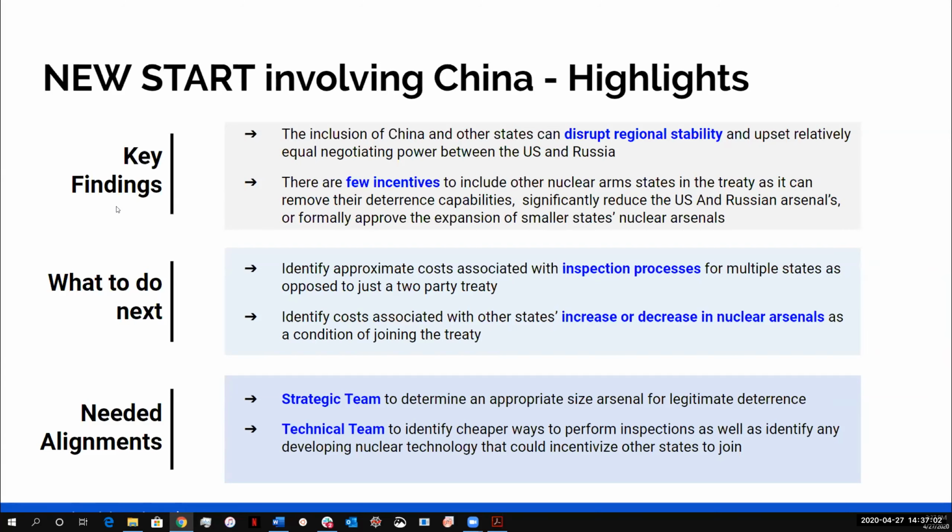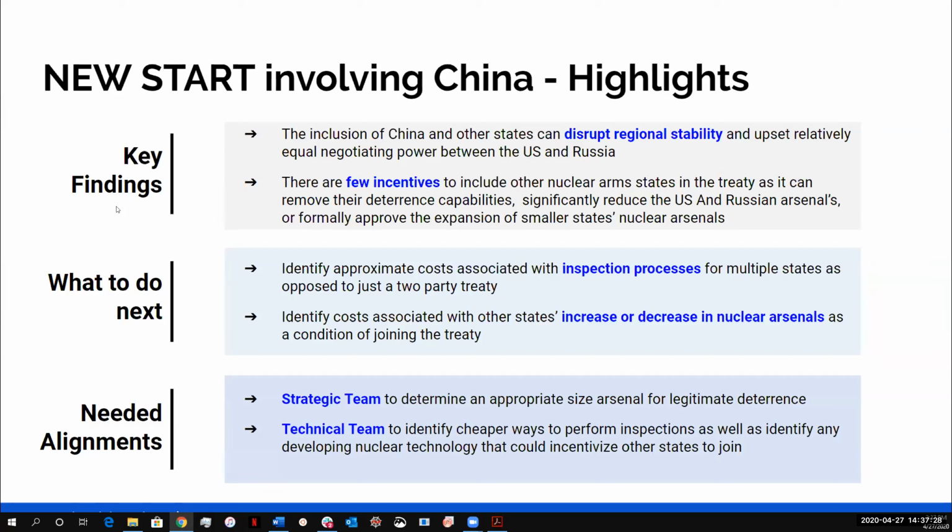For example, if China were to reduce their nuclear arms force, you could see other Indo-Pacific countries increasing their influence in the region. Secondly, there are very few incentives to include other states in the treaty. With a lower arsenal size, it's very likely that we completely remove their deterrence capabilities, or we would have to significantly reduce the United States' and Russia's arsenals, or formally approve the expansion of smaller states' nuclear arsenals.